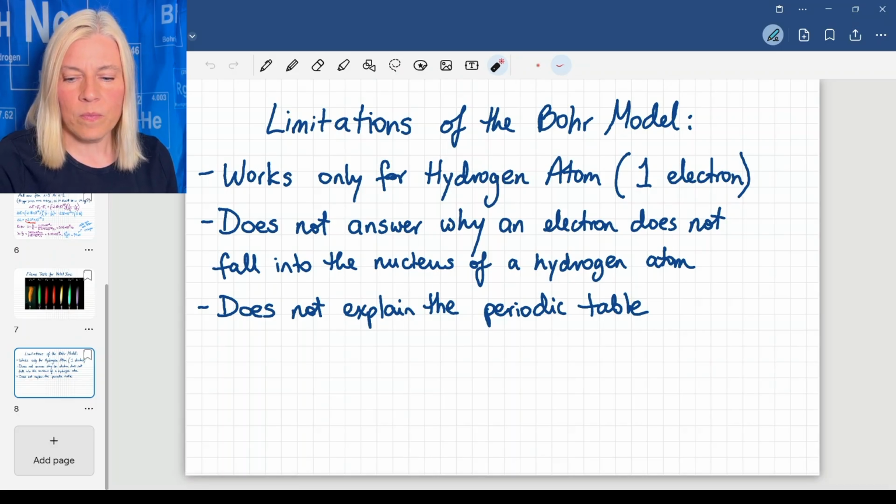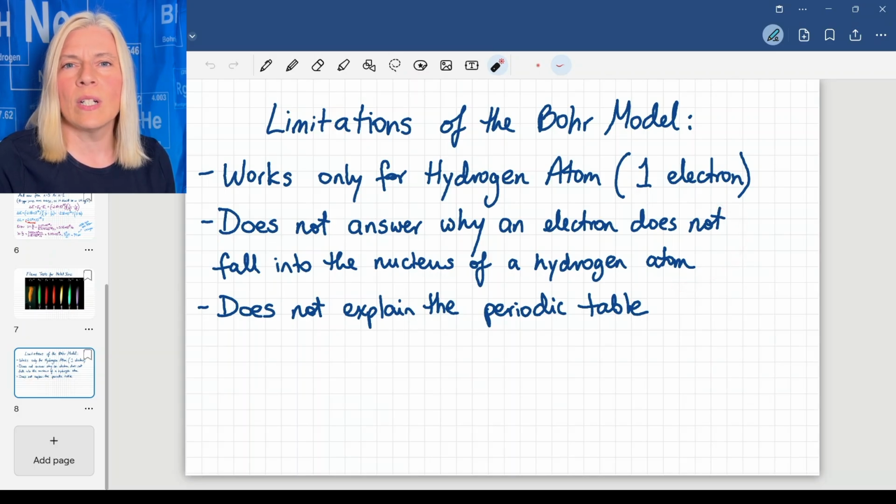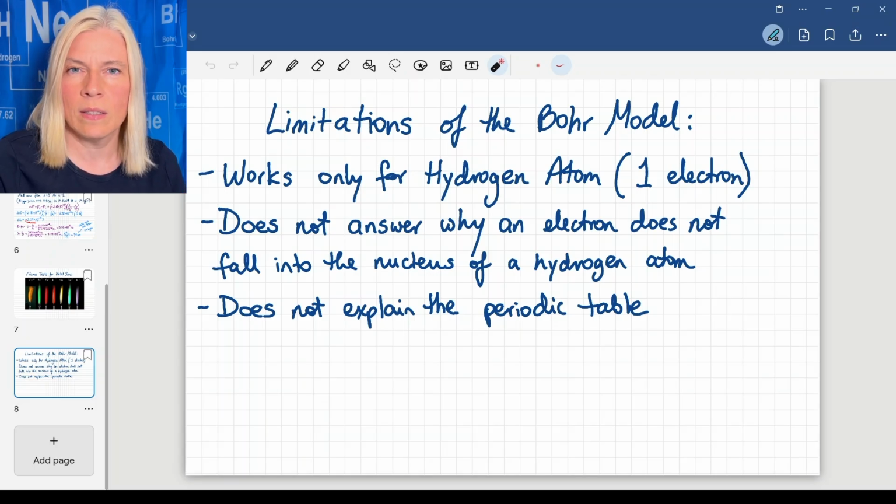And it does not explain why an electron does not fall into the nucleus of a hydrogen atom or any atom. So if electrons are attracted to the nucleus and they want to be in an energy level that's closest to the nucleus, what actually prevents them from falling into the nucleus? All the electrons should fall into all the nuclei, but they don't.